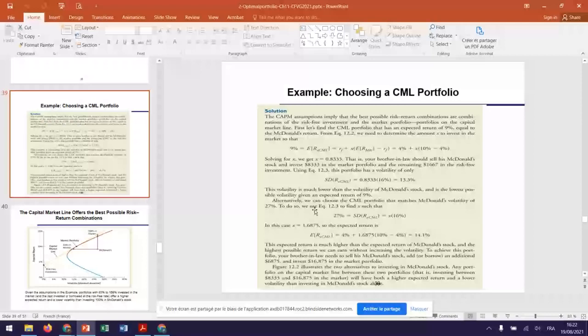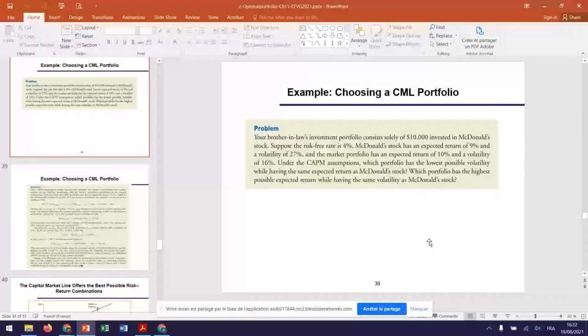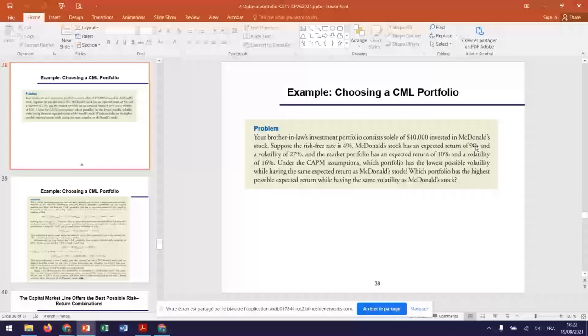My expected return then equals the risk-free rate of 4% plus 1.6875 multiplied by (10% minus 4%), which is 14.1%. So with the given volatility of 27%, I can increase the return from 9% to 14.1%.